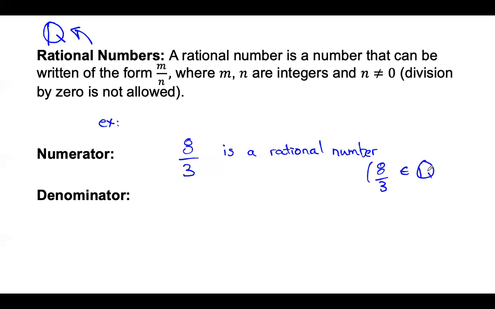We just said it was equal to 2.666. This symbol here means "is an element of", and we see the numerator is the 8 and the denominator is the 3, just to be clear.